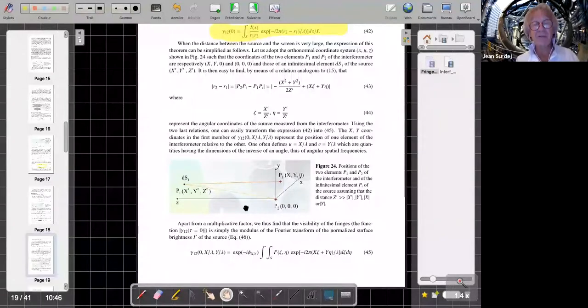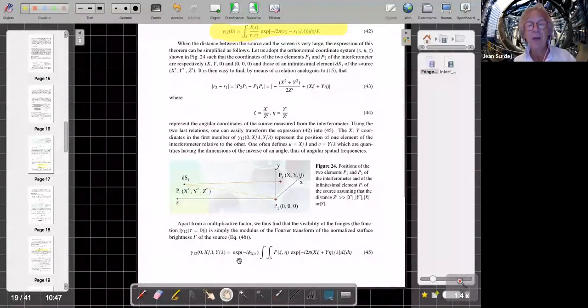And now when you particularize the Van Cittert-Zernike theorem within the Fraunhofer approximation, you end up with this very nice result: the complex degree of mutual coherence is just equal to this expression, which is a Fourier transform of the normalized intensity distribution of the source projected perpendicularly to the line of sight.